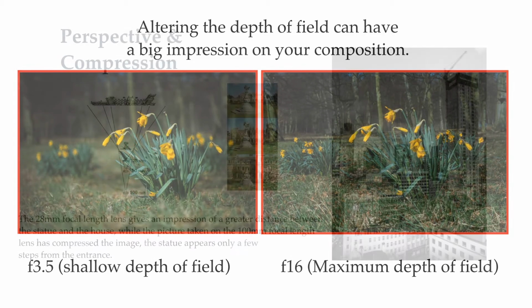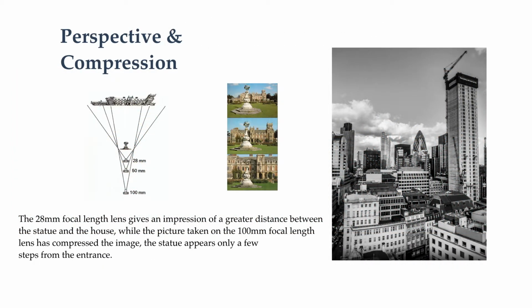In this next section, we're going to be looking at two things: perspective and compression. Compression happens more with the greater focal length. So 100, 200, 300, we get a greater compression happening with those lenses than we would with our wide angle lenses.